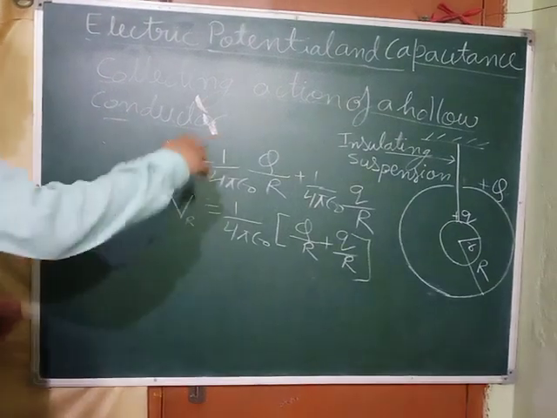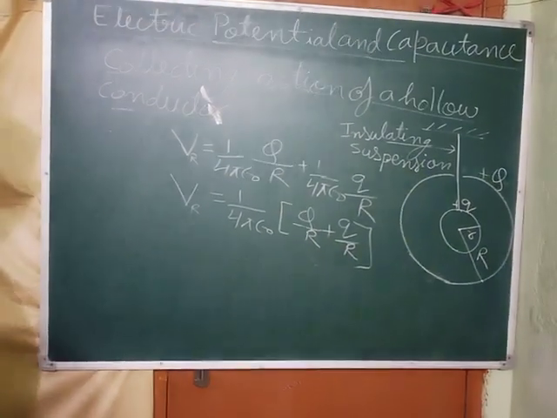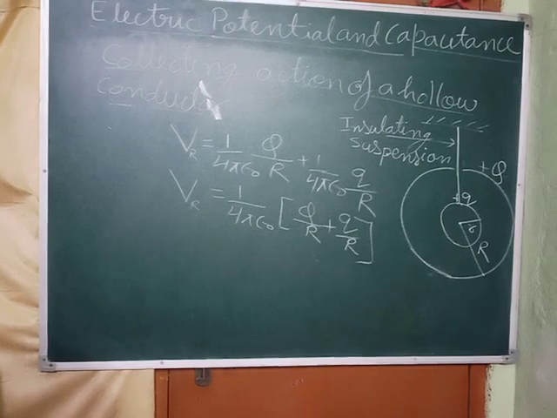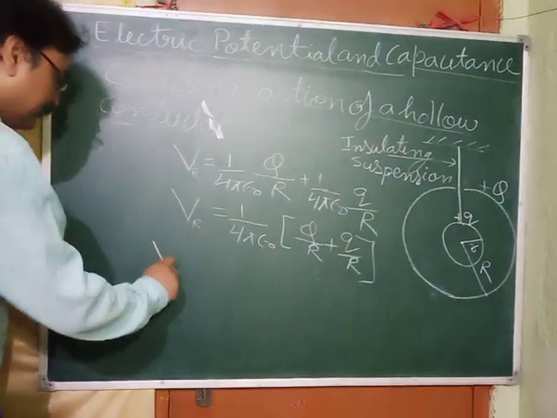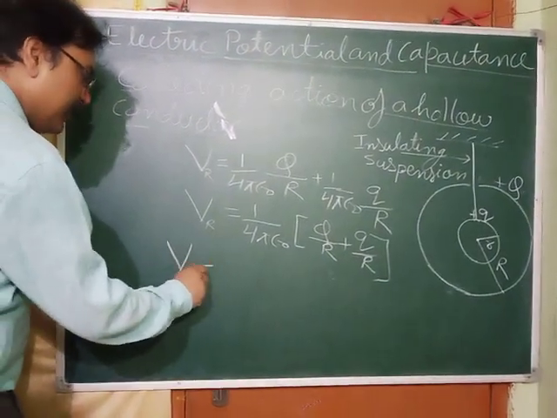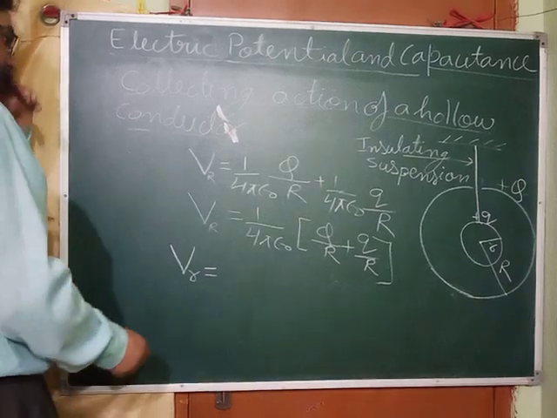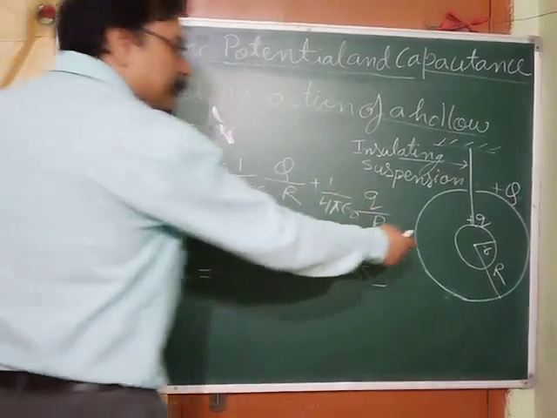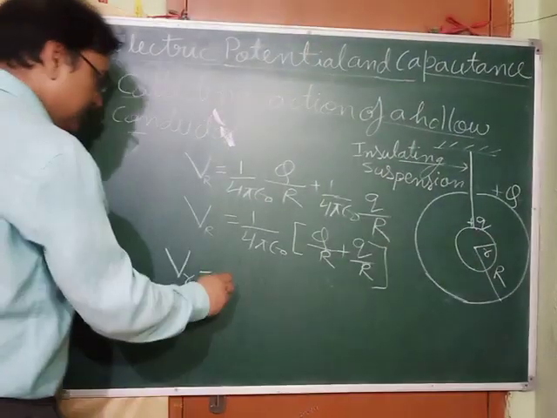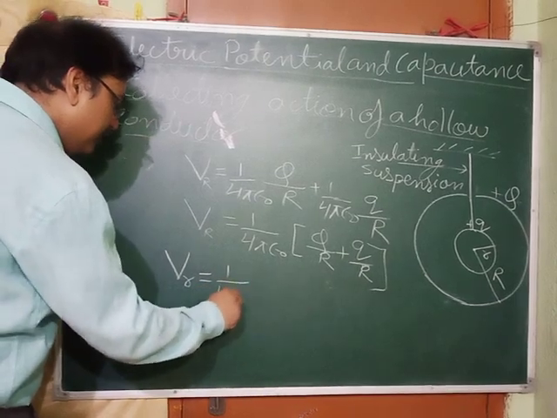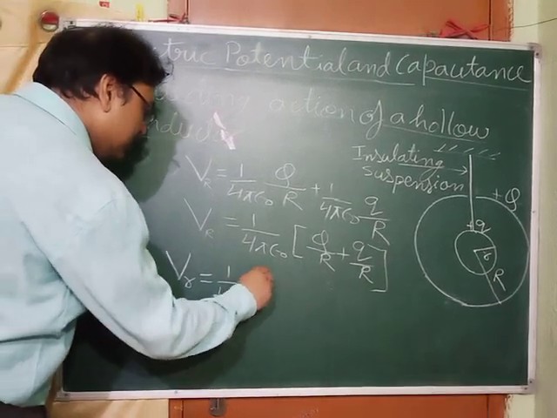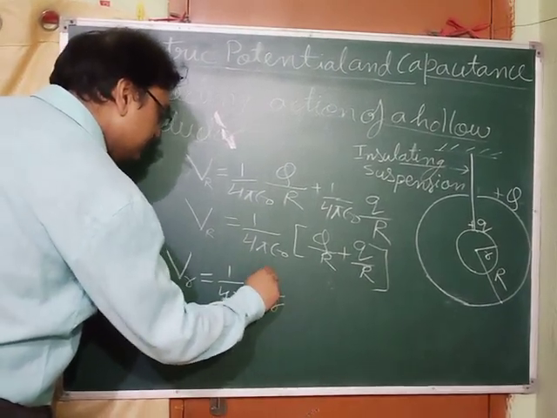Now, what about the potential at the surface of the smaller spherical cell? Let us write V small r. Obviously, first the potential due to its own charge, so that will be 1 by 4 pi epsilon naught q upon small r.